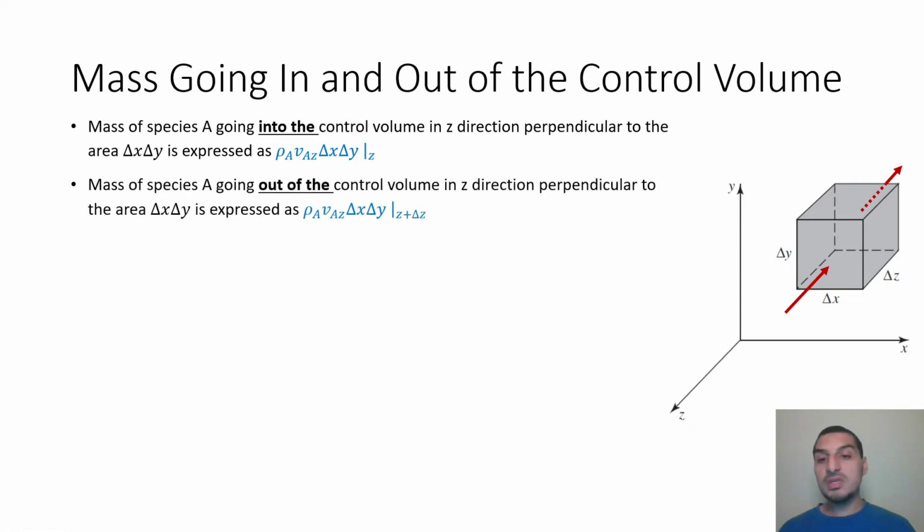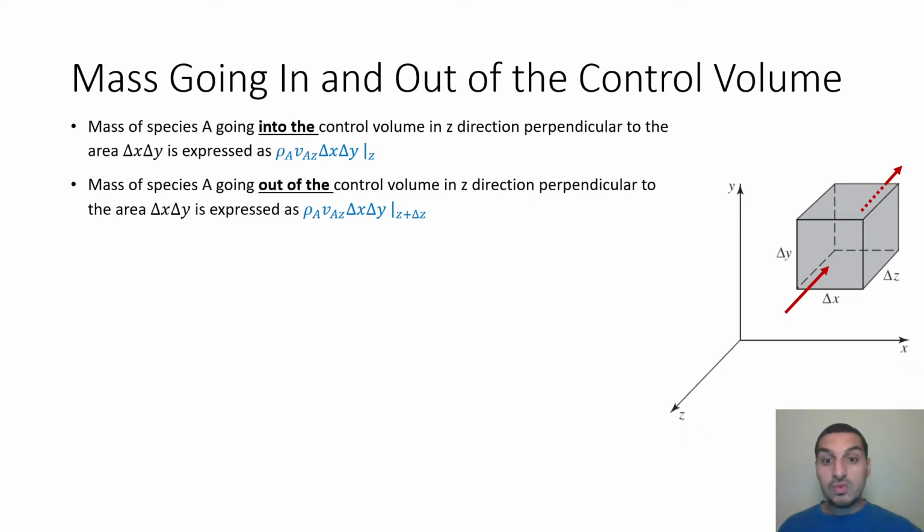The same would be the case for the mass coming out of the control volume at point Z plus delta Z, which is the other side of the cube. And it's exactly the same because we assume that there is a very, very minimal change, so we don't have any obvious change in the rho in this very small volume.